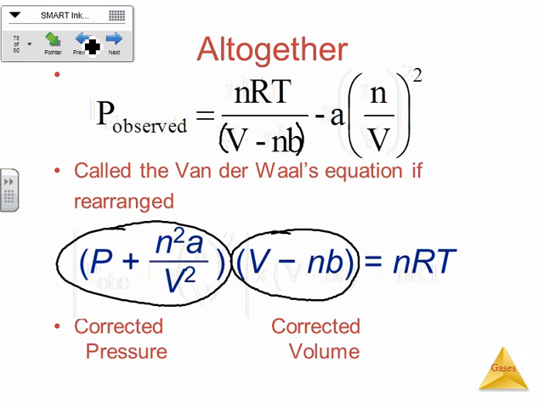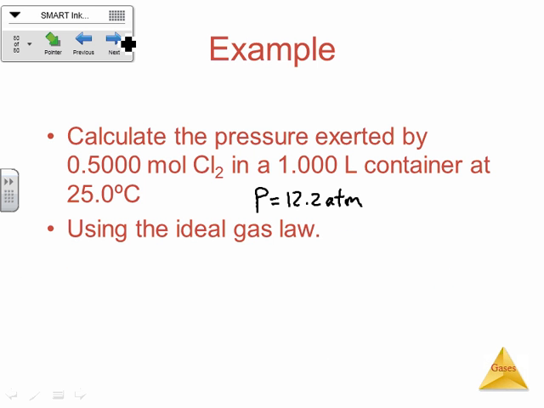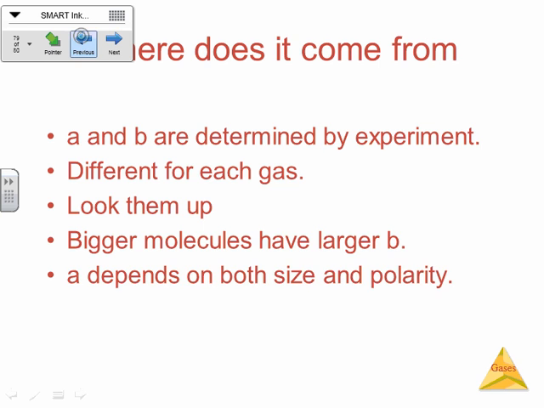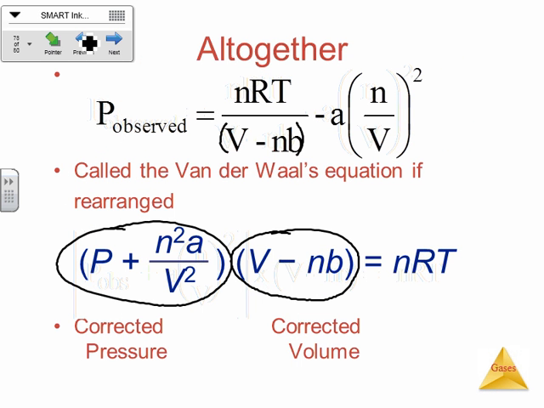P plus n squared a over V squared. Did I write that right? Okay. And V minus nb.